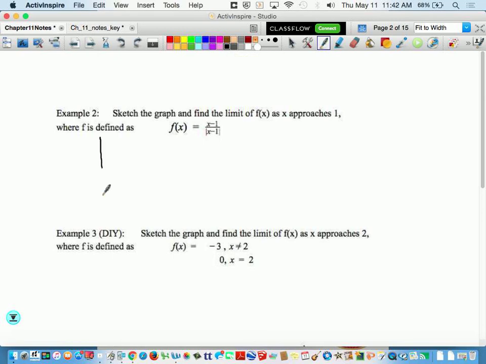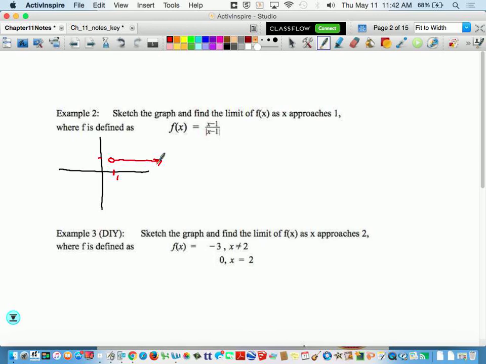So if I ask you to graph this one, you could put some numbers in. If I say when x is 5, I get 4 over the absolute value of 4, well that's a 1. When I put 1 in, I actually get 0 over 0, undefined. So we're going to have an opening there and this horizontal line at 1. Anything bigger than 1 will be 1.